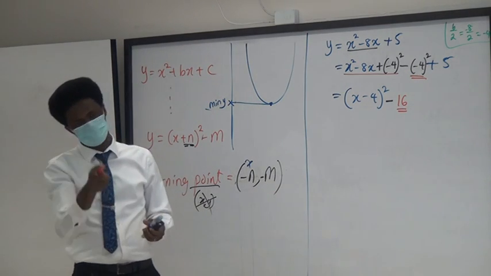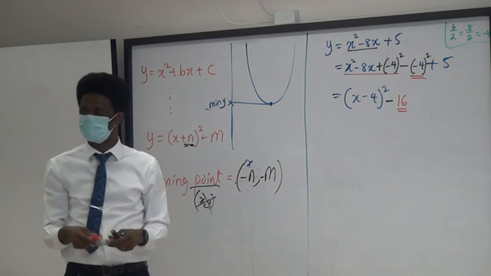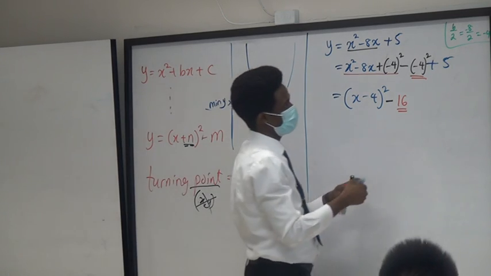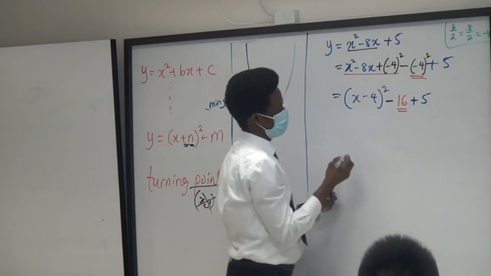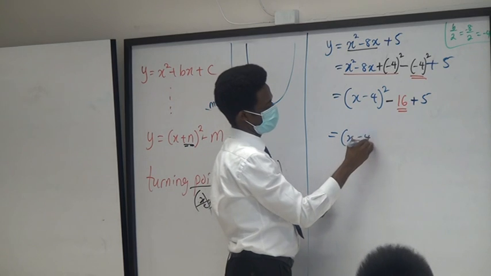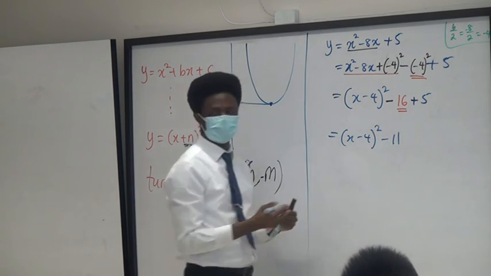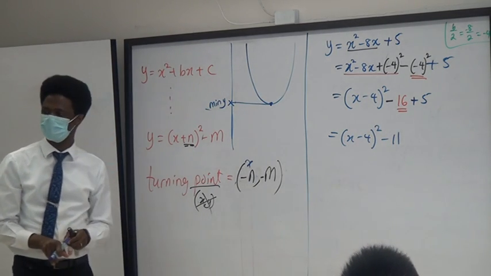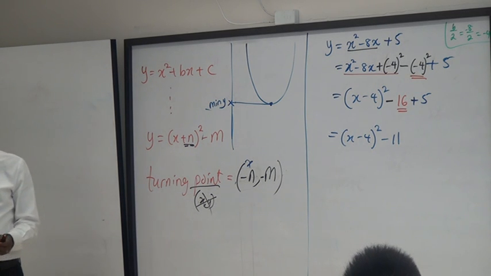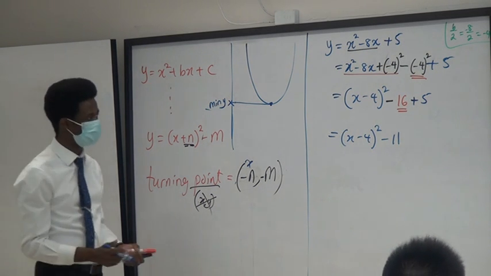We don't do minus times minus, because that's a square. The square must be done first. And we still have our plus 5. So finally, this is x minus 4 squared minus 11. Then you can find the turning point. That's what you're asked to do, not factorize. You say find the turning point.